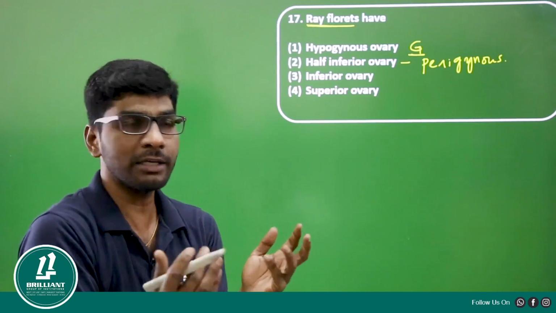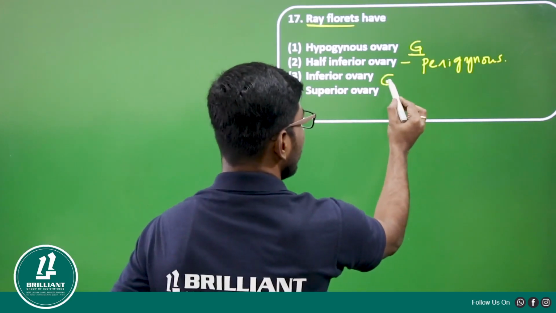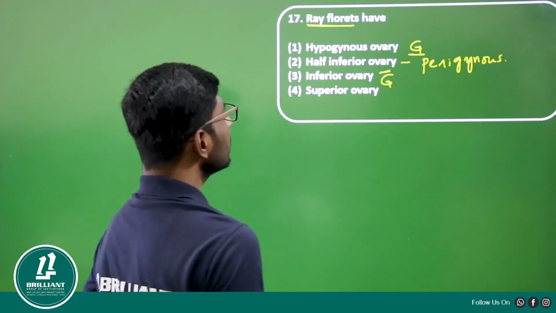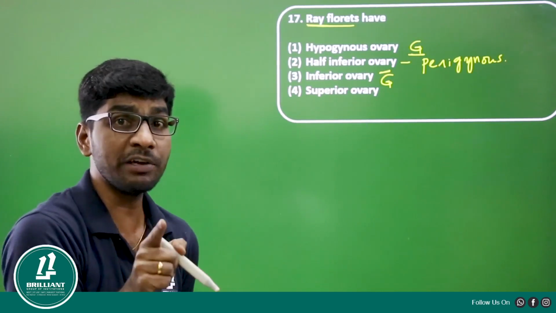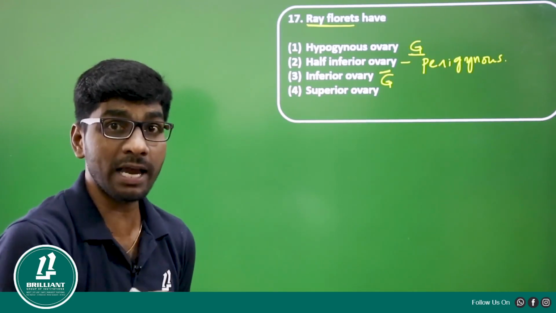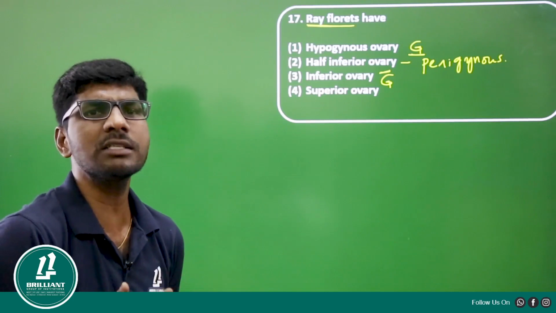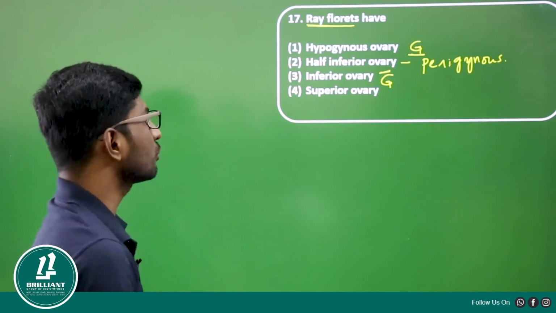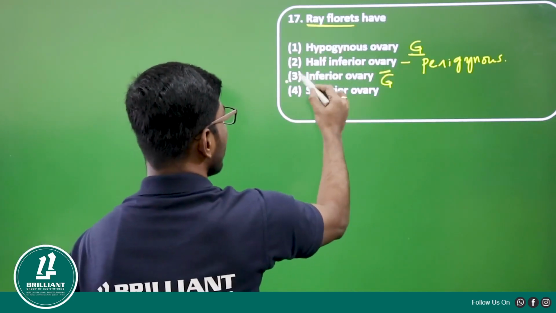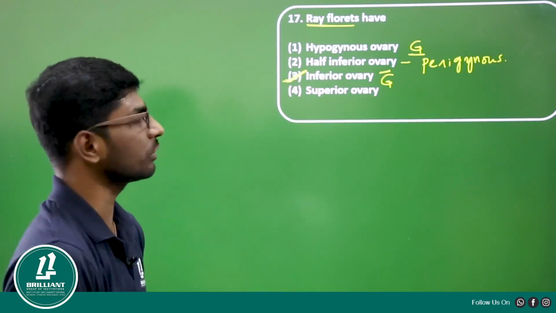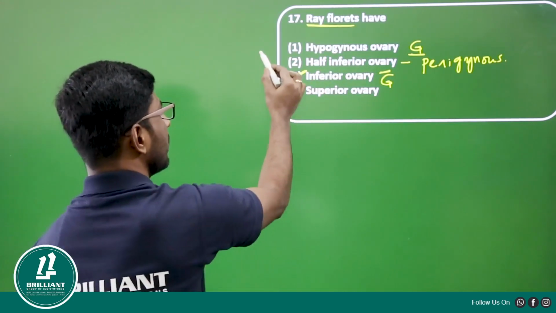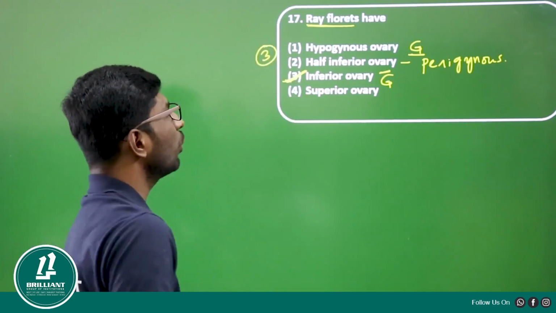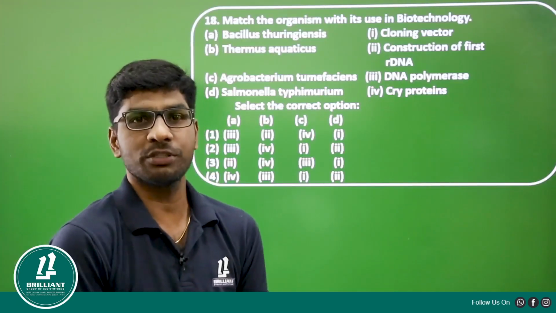So this is inferior ovary. Inferior ovary can be located in sunflower or guava. We can say the best example is apple. So ray floret shows inferior ovary. So the correct answer of 17th question is 3, inferior ovary. Look at the next question, students.